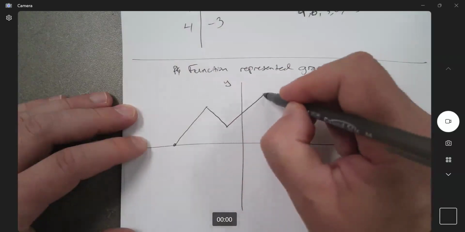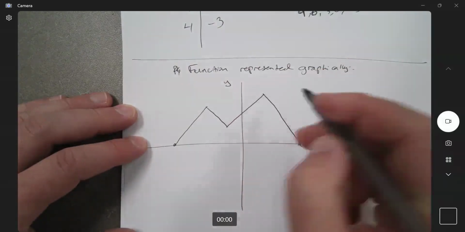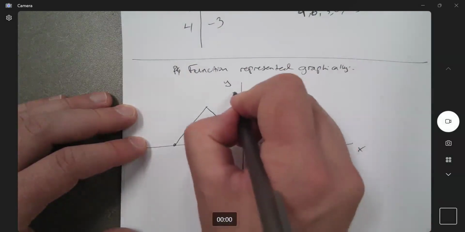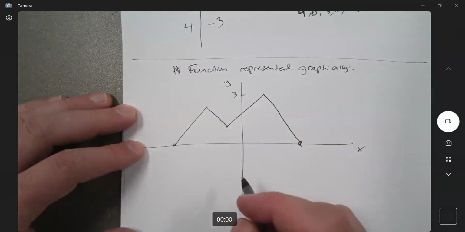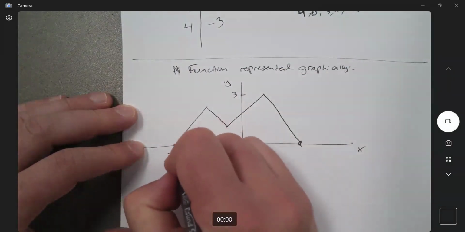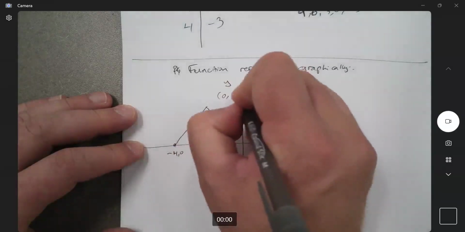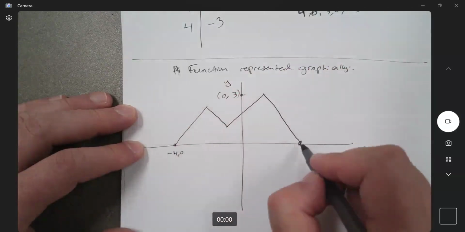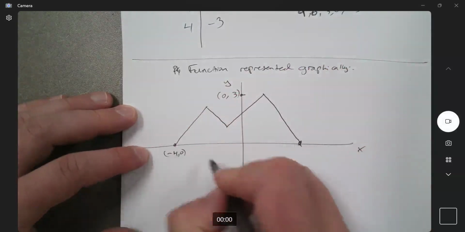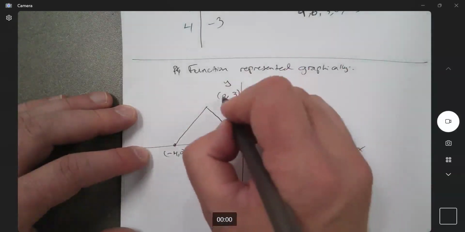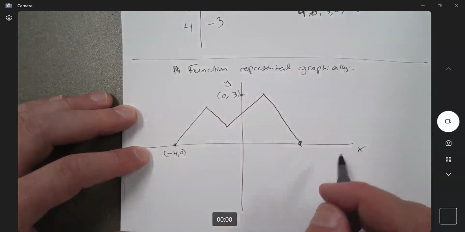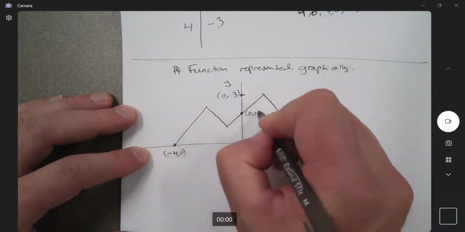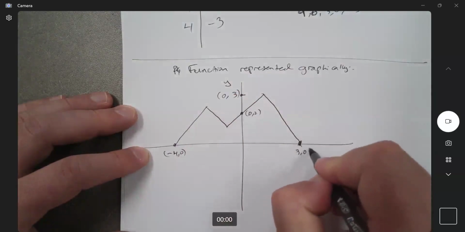Where this point here was 3. This point here was -4, 0, so 0, 3 here. The height of that is 3. Yeah, this point is 0, 2. And this point was 3, 0.